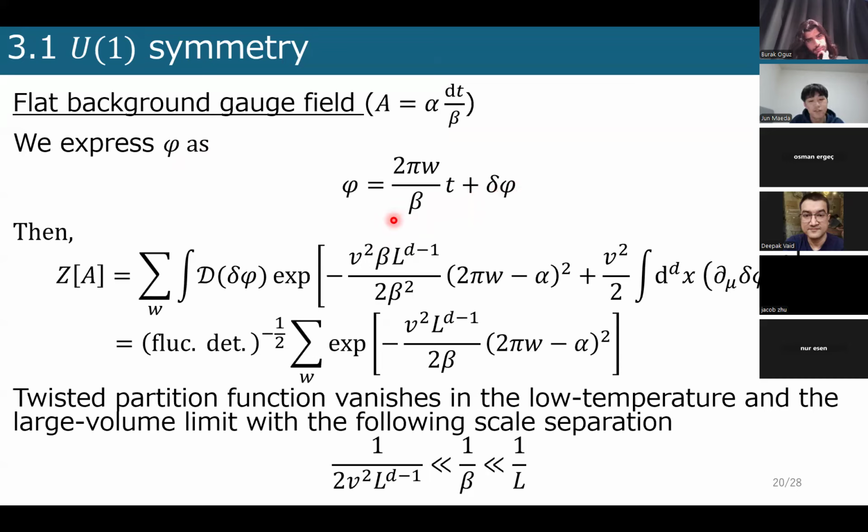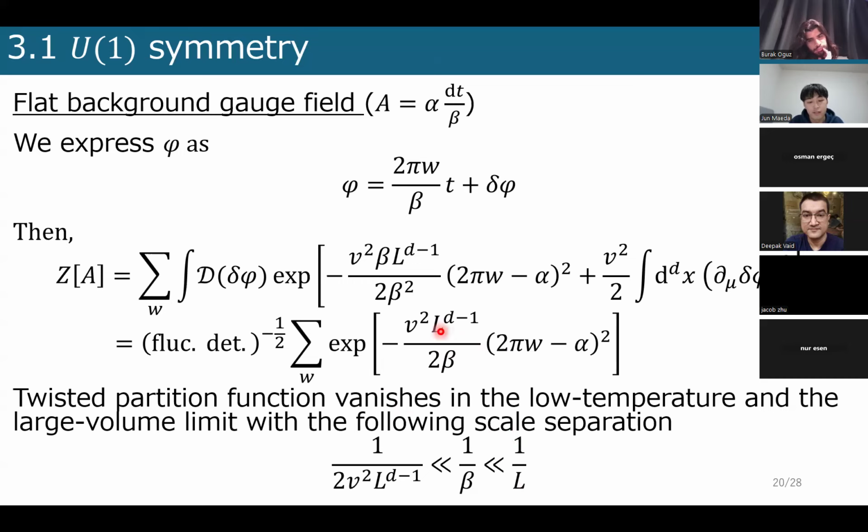Substituting this into the partition function, we obtain the following result. The fluctuation part becomes the fluctuation determinant, and the winding part becomes this form. From this expression, we find the twisted partition function vanishes in the large beta and large L limit, if this scale separation is satisfied.